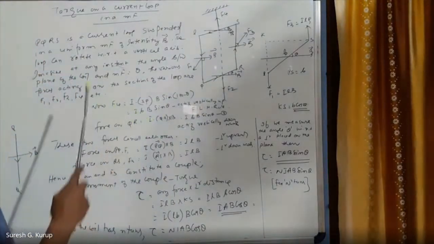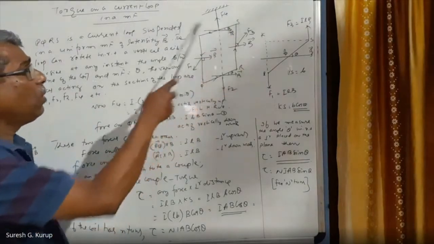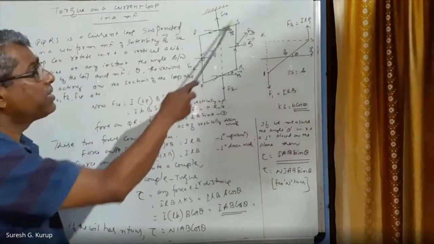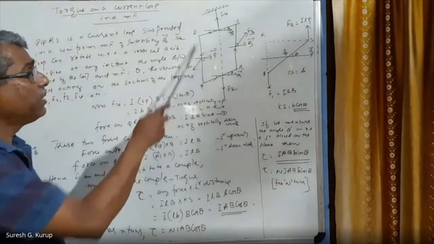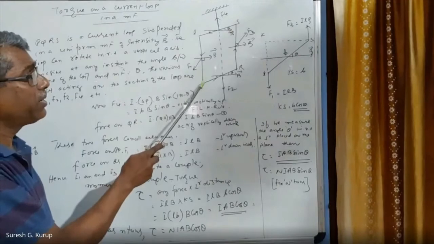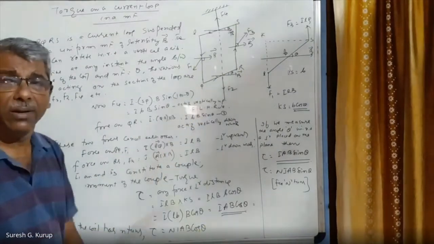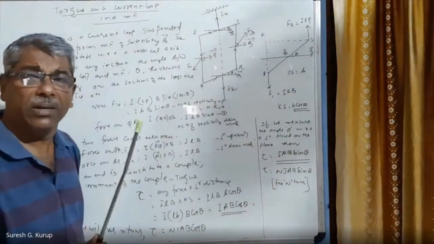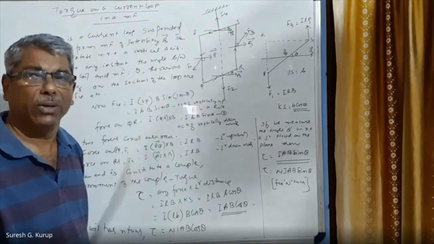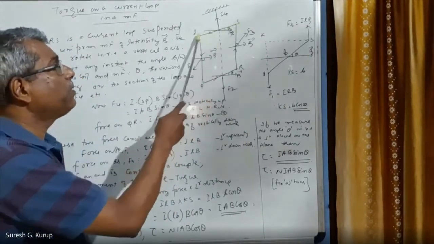So when this coil is kept in the magnetic field, this is a current carrying conductor. This is also a current carrying conductor, right? PQ is a current carrying conductor, QR is also a current carrying conductor, and RS is also a current carrying conductor, right? Current carrying conductors, when placed in a magnetic field, individually experience forces.